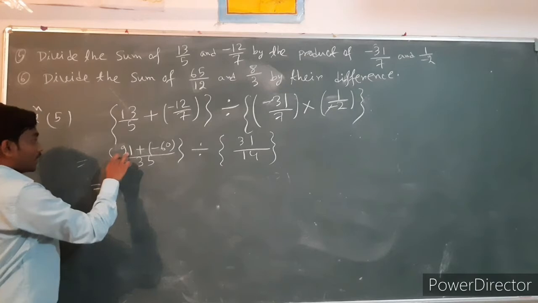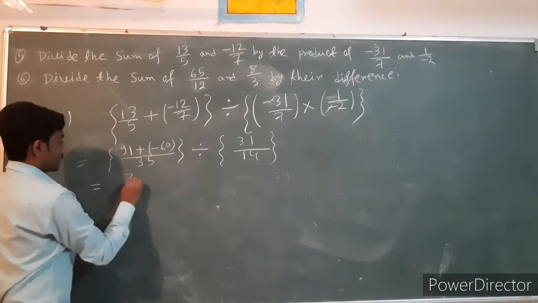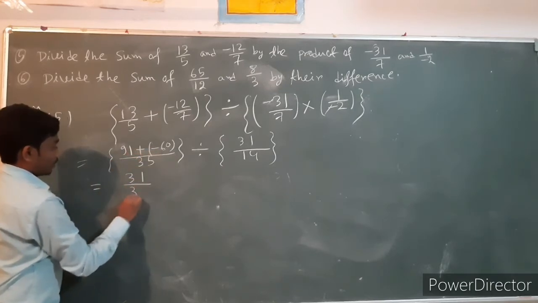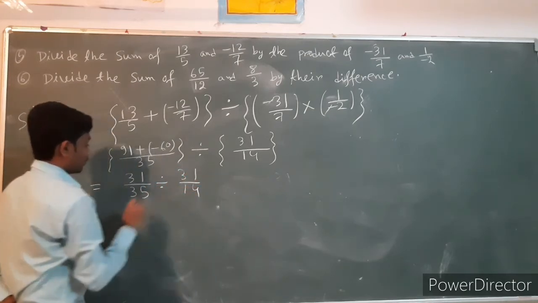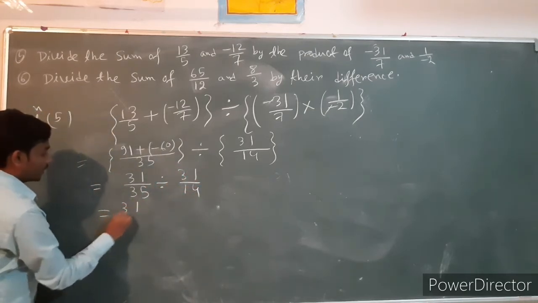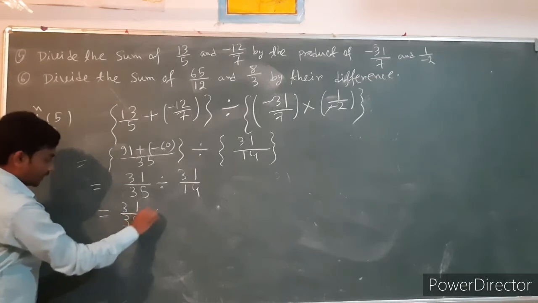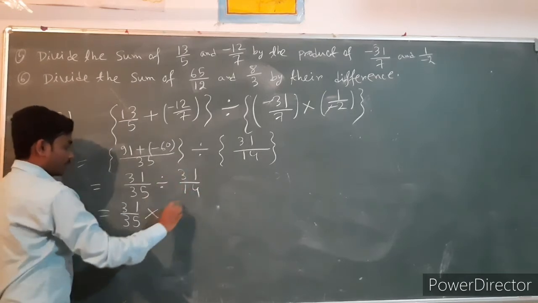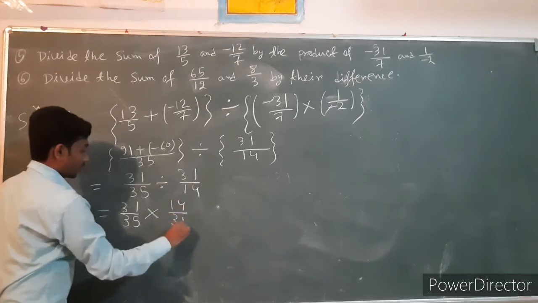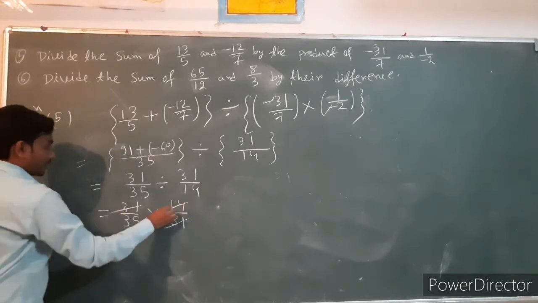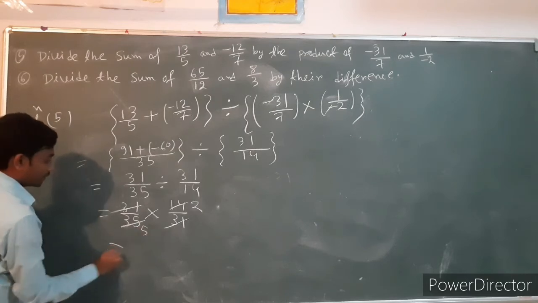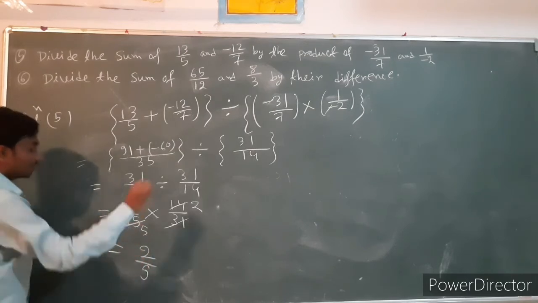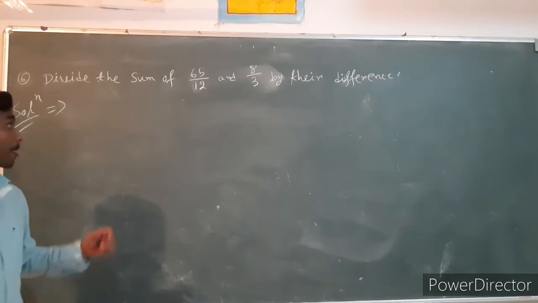So 91 minus 60, 31 upon 35, divided by 31 upon 14. So 31 upon 35 multiplied by 14 upon 31. 31 cancel, 7 2 14, 7 5 35. So 2 upon 5.